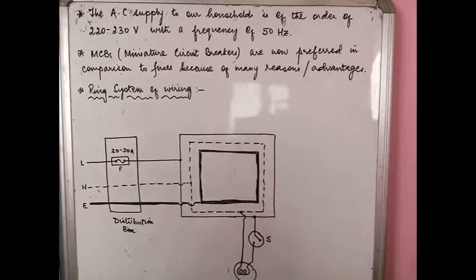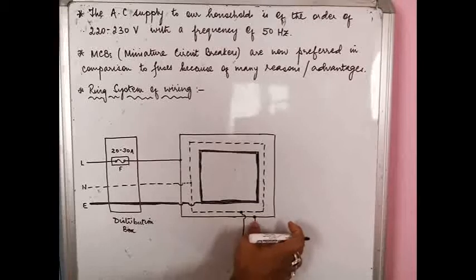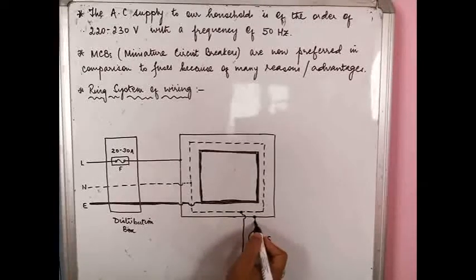The second advantage of the ring system of wiring is that all the individual appliances will have their individual supply from the mains. The voltage will not be divided between them. And obviously there has to be a fuse also involved.